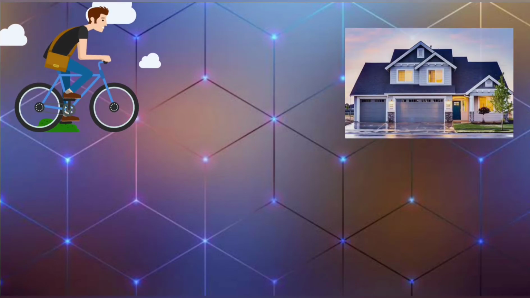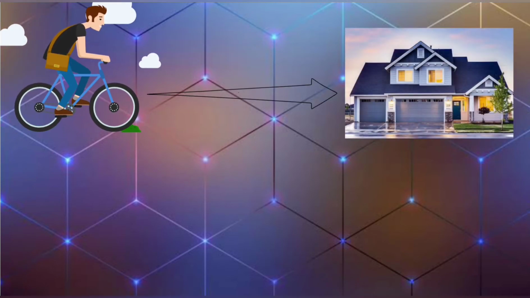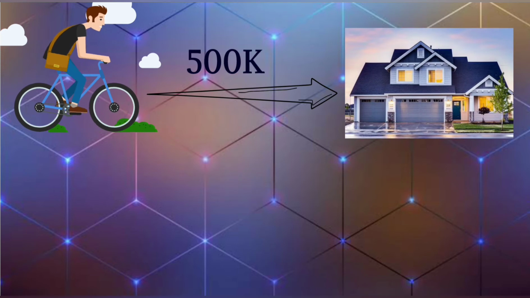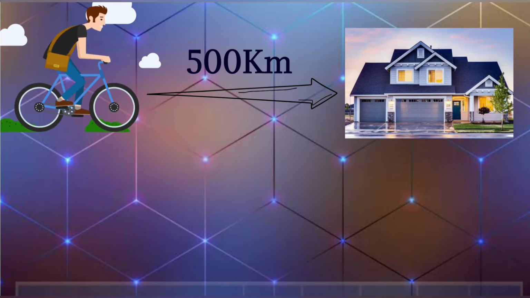Okay, here is the first example on direct variation. Bob sets out to drive from his home to visit his friend who lives 500 kilometers away. He drives at a constant speed and notes how far he has traveled every hour.